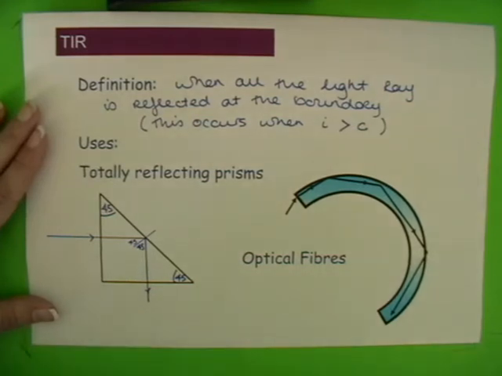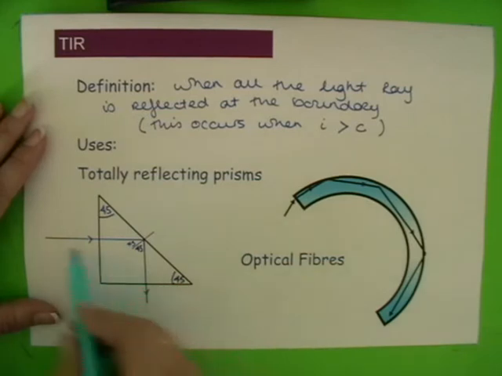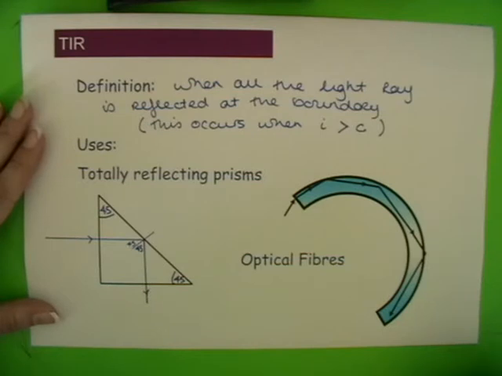Prisms are often used in periscopes now instead of mirrors. They can put in the glass or perspex prism and then reflect the light instead of using mirrors. Also, in a different way, it's used in binoculars to reflect light through 180 degrees.